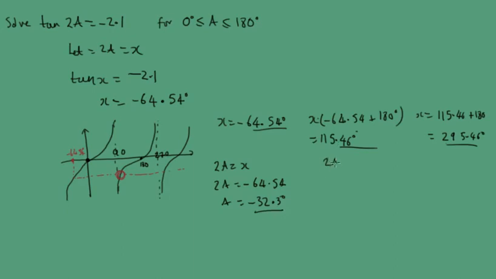Likewise here, 2a must be equal to 115.46 degrees, so a must be equal to 57.7 degrees. And similarly, 2a here is equal to 295.46 degrees, so a must be equal to 147.7 degrees.